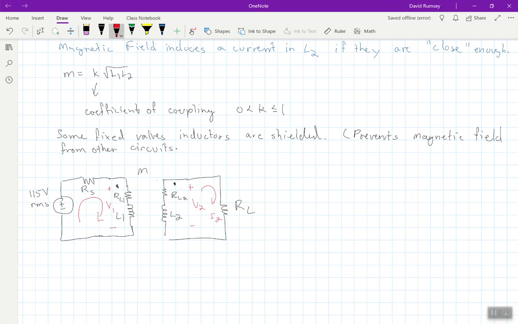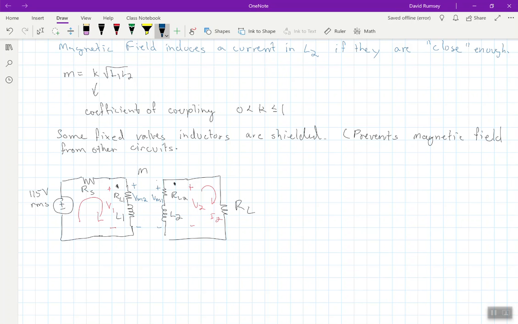But I'm just going to show what we end up getting here, because we talked about this inducing. We also get this voltage, plus and minus, which I'm going to call VM2, because this is a voltage that's induced on this inductor due to the current flowing through the other inductor.